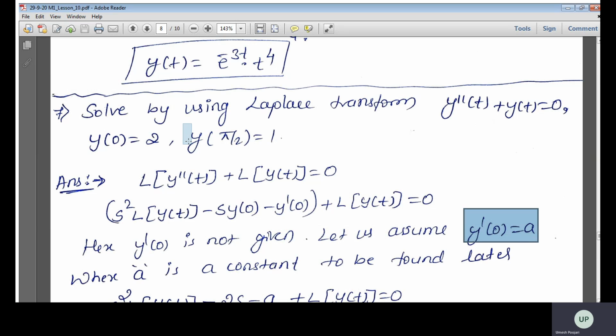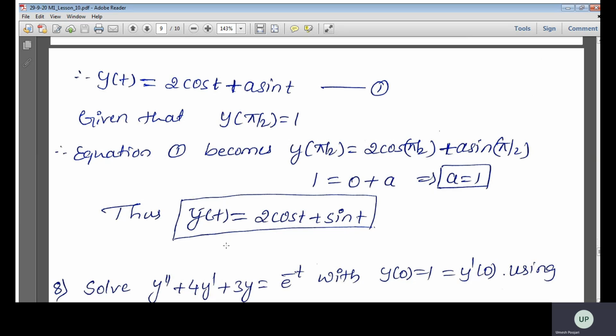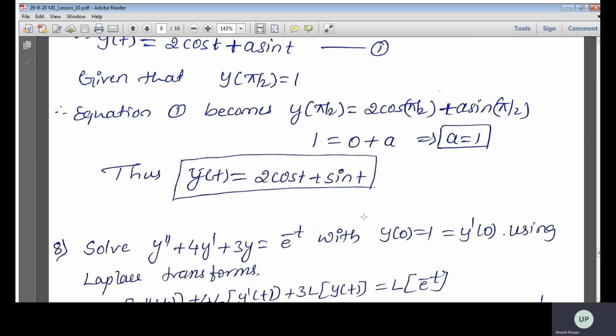After that, with the help of one more condition, we can find the value of a. So here in this problem, our final answer is 2 cos t plus sin t, where the constant a is given by 1. Therefore, y of t equals 2 cos t plus sin t.